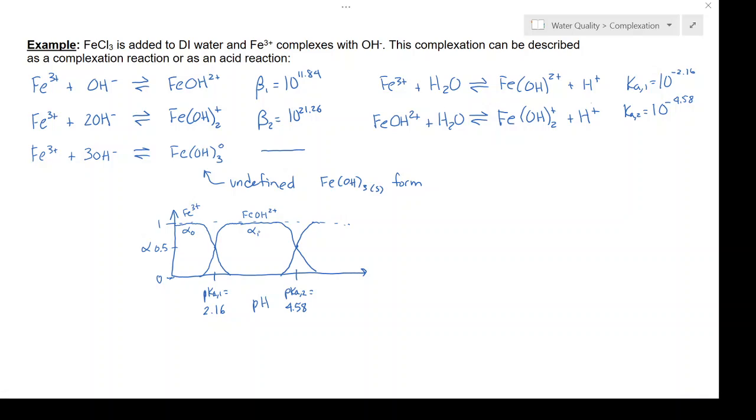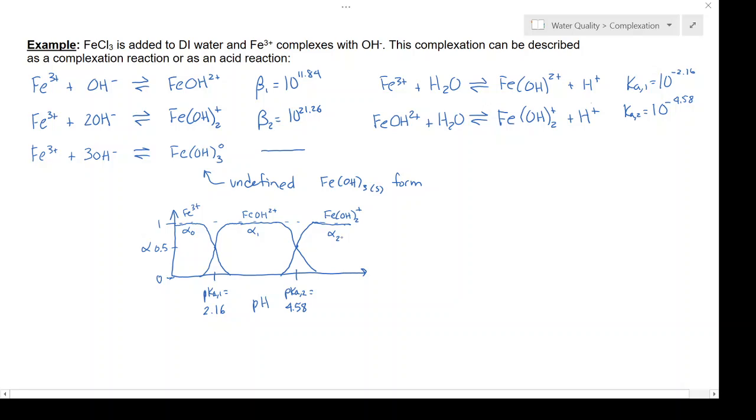Okay, and then above pKa2, above a pH of 4.58, the Fe(OH)2+ species is going to be dominant, and this one goes with an alpha 2 value.